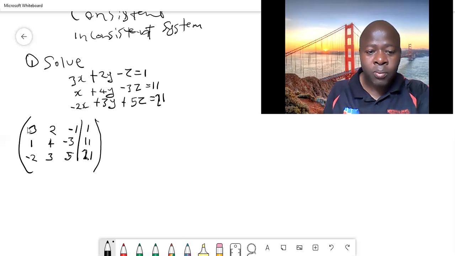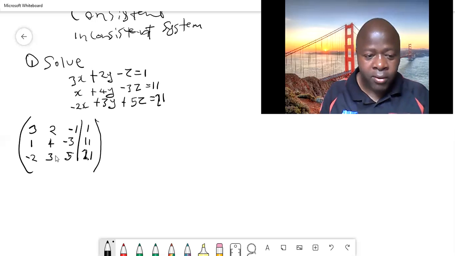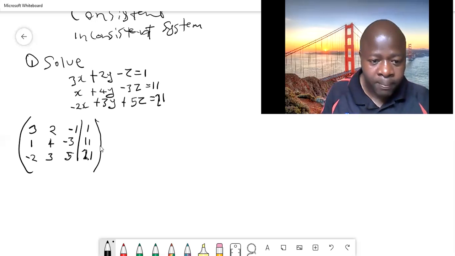I get a 1 in this position by dividing this element by 3. And that means that I'll divide the entire row by 3 and then subtract from this other. It would have been easier just interchanging the first and second row, but let's just do it the way we've already stated we'd be doing.